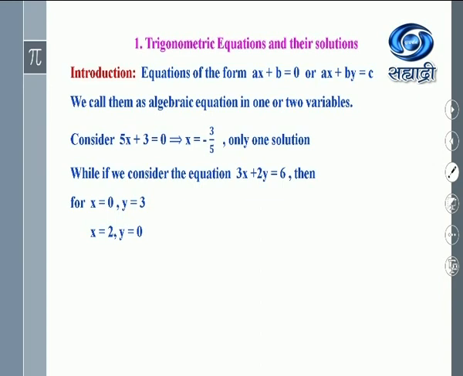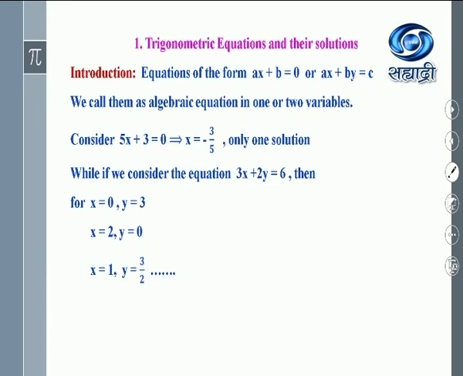Let us have a second value. Say x is equal to 2. Put again in this equation. So if we put x is equal to 2, the first term is 6 and the RHS is also 6, gets cancelled and we have 2y equal to 0, therefore y equal to 0. Let us have one more value, x is equal to 1. Put again in the equation, therefore you will get y is equal to 3 by 2.